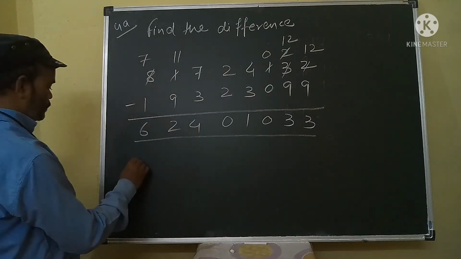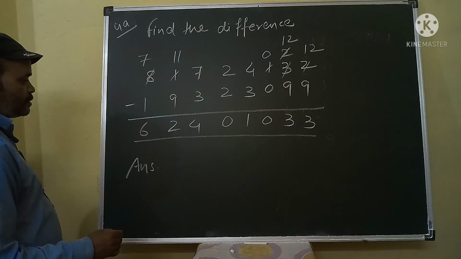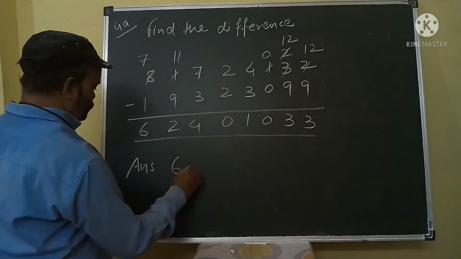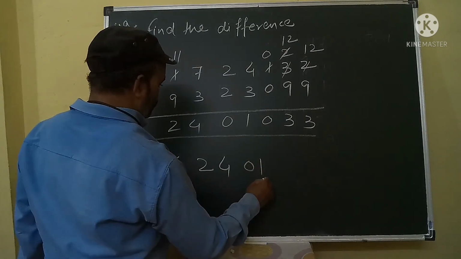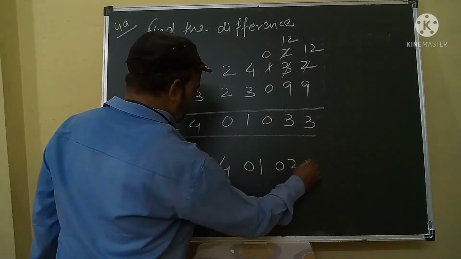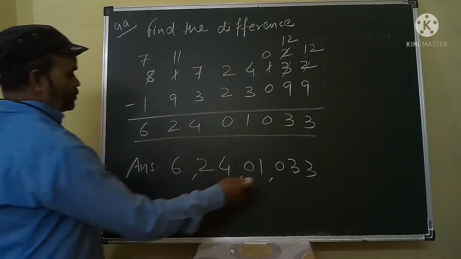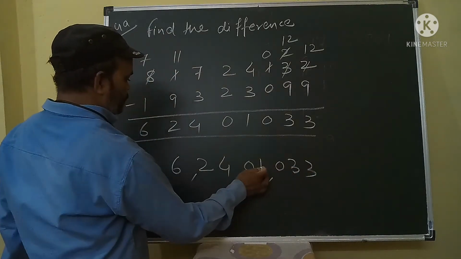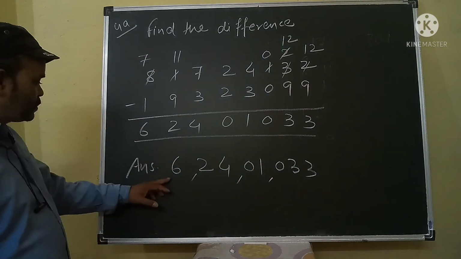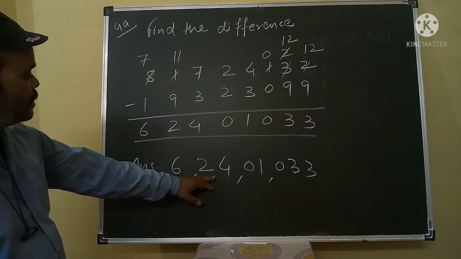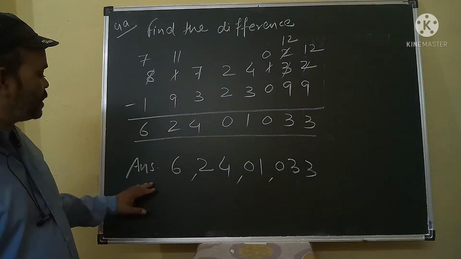So your required answer is 6 crores 24 lakh 1033. Ones, tens, hundred, thousand, 10,000, lakh, 10 lakh, crores. 6 crores, 24 lakh, 1033. This is your required answer.